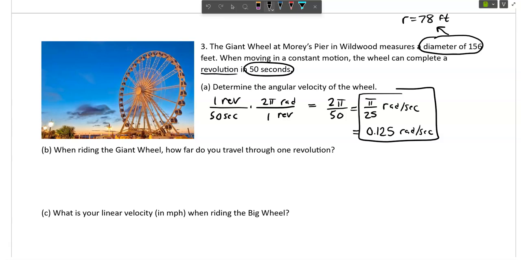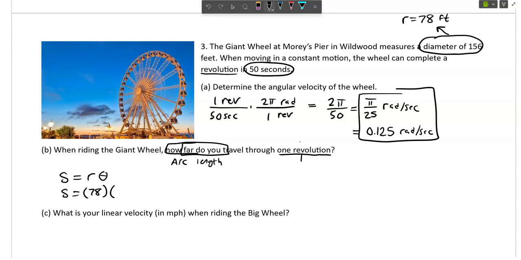Now, we want to ride the giant wheel, and we want to travel through 1 entire revolution. How far do you travel is going to tell me that we want to find arc length. So that's going to be our key thing here. The arc length formula is S equals R times theta. We do know the radius, once again, is 78.